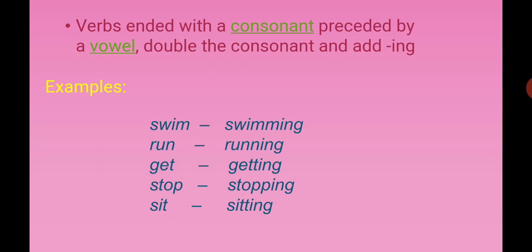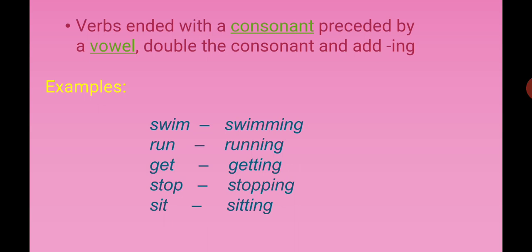So what will be the spelling of swimming? S-W-I-M-M-I-N-G, swimming. Again, run, we will double N and then add ing, because before N there is a vowel in the verb. Understand? Get, getting. Stop, stopping. Sit, sitting. So many examples are there.